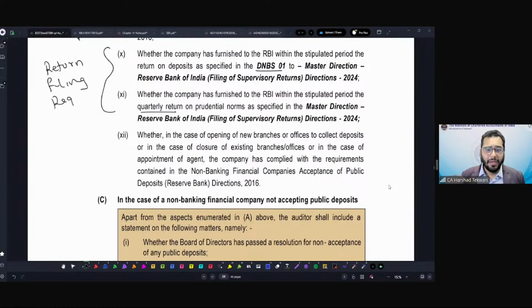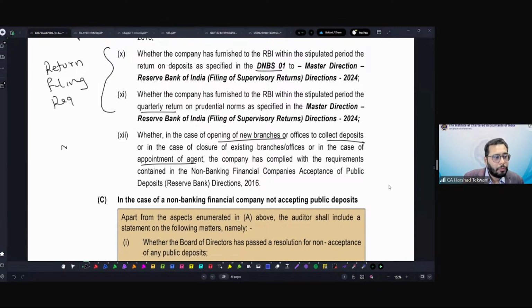Okay, and then appointments of agent with respect to collection of deposits or opening up new branches. So there is a specific requirement in the NBFC acceptance of public deposit directions. Over there, when they are appointing the agent, when they are opening the branches, when they are closing the branches, they have to report to the bank, they have to comply with certain regulations, certain directions, and on the basis of that, whether the NBFC has done that or not is required to be reported.